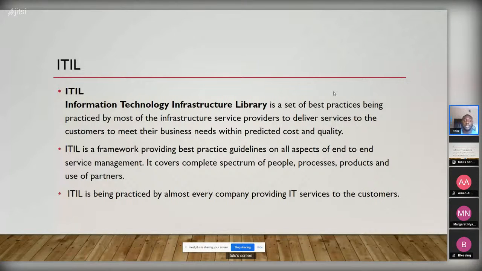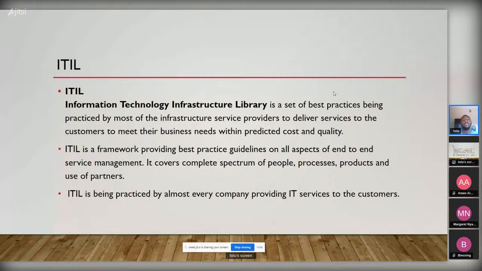ITIL is a framework providing best practice guidelines on all aspects of end-to-end service management. It covers the complete spectrum of people, process, products, and partners. ITIL is best practice for almost every company providing IT service to customers.